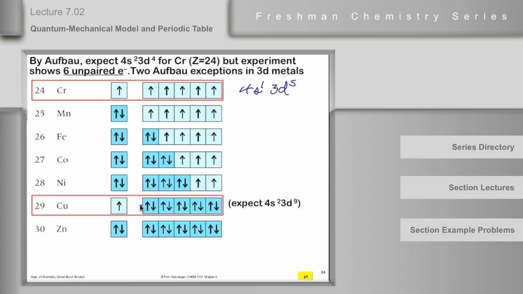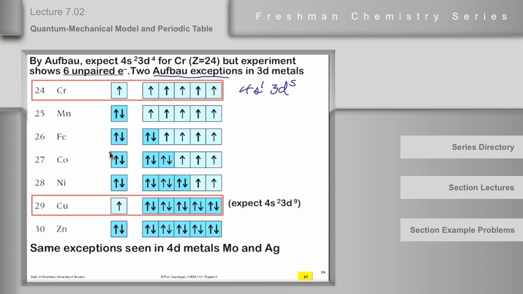So again, the same pattern holds below copper one step, in silver. So silver would be 5s1, 4d10. So 2 Aufbau exceptions, and you need to memorize them for chromium and copper, molybdenum and silver.